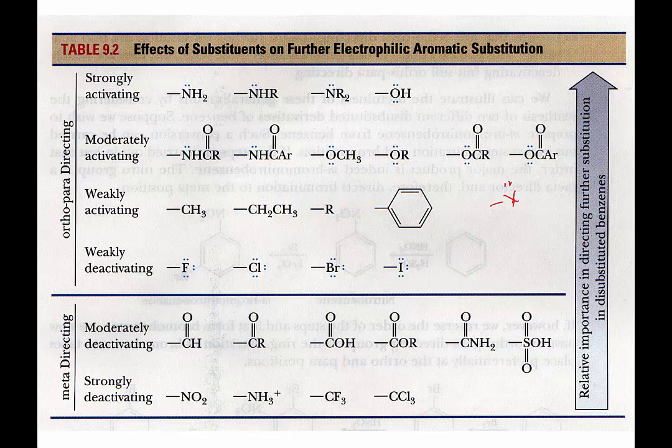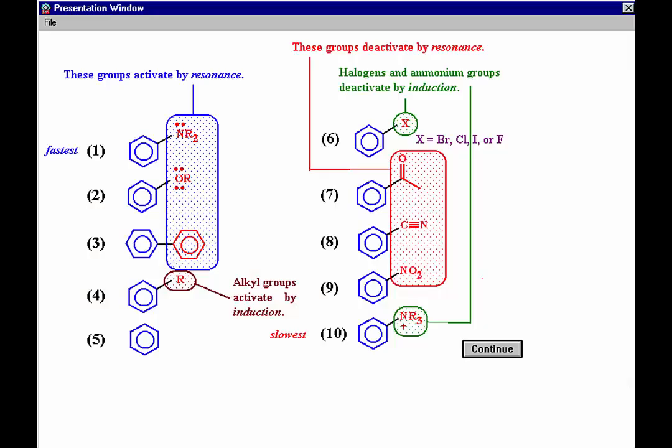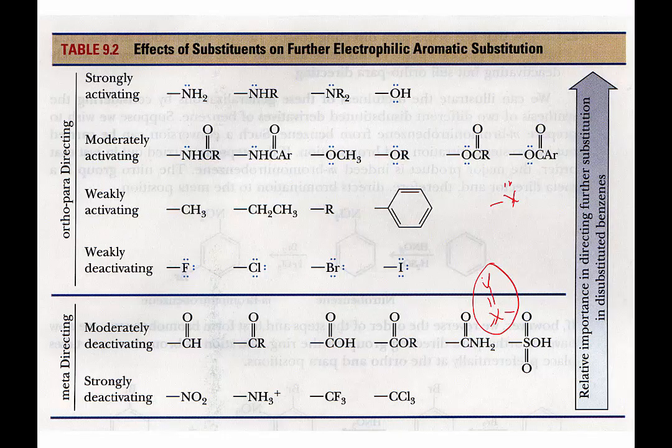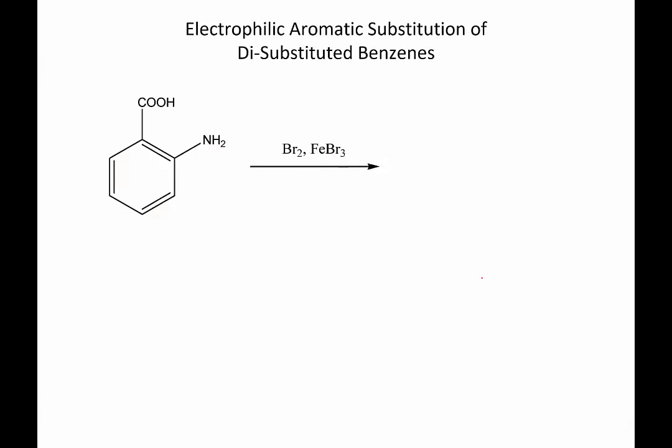Down here, these are all X double bond Y groups, and those fit most of the deactivating groups. Now, there are some extras on here. I'm just going to hold you accountable for the first 10, the ones that were on that one. Okay. So that's where we were at 2 weeks ago.